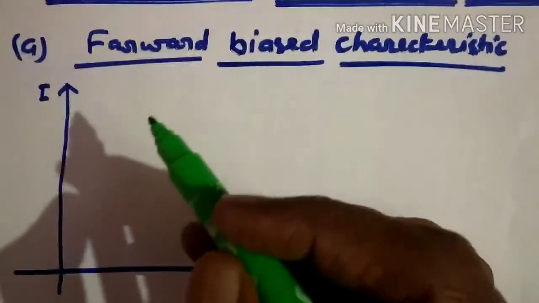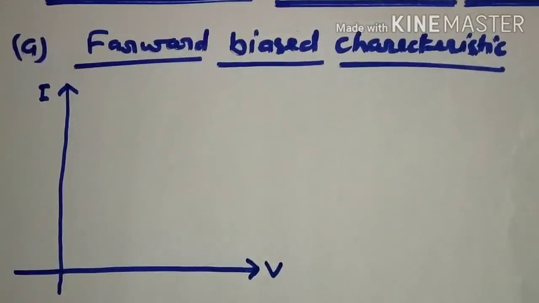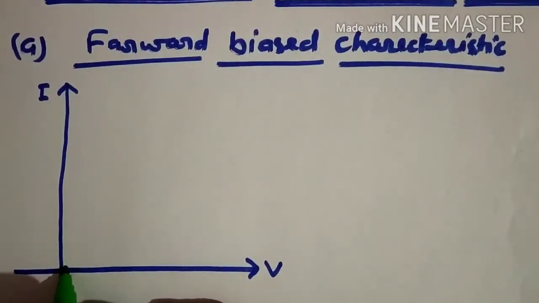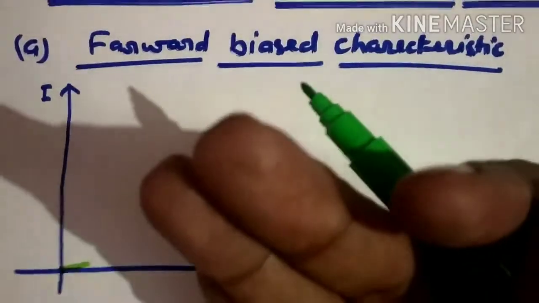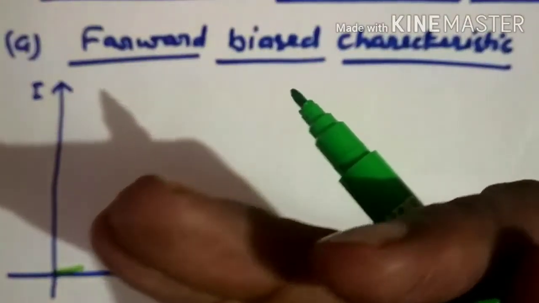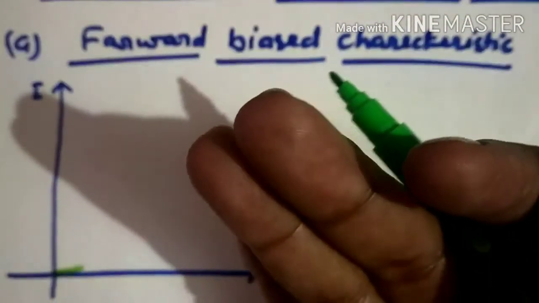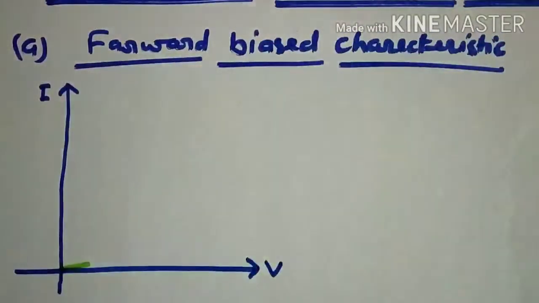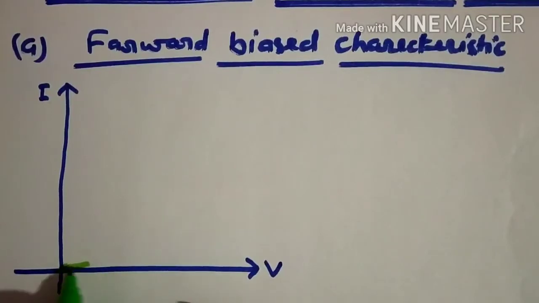So in the previous discussion what we found is that in the beginning, if the voltage is increased by a small amount, a small amount of current starts. But as we increase the voltage, the electrons get sufficient energy. More and more electrons get a sufficient amount of energy and they start crossing the junction. And the same thing happens with the holes. So when we increase the voltage, the current increases.